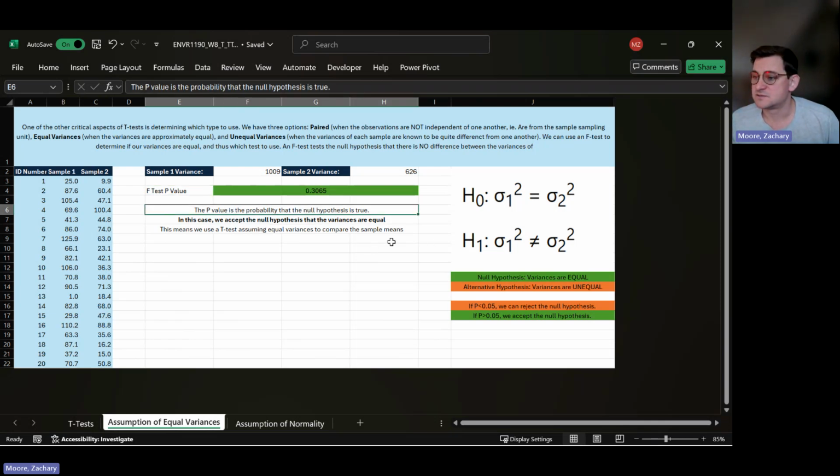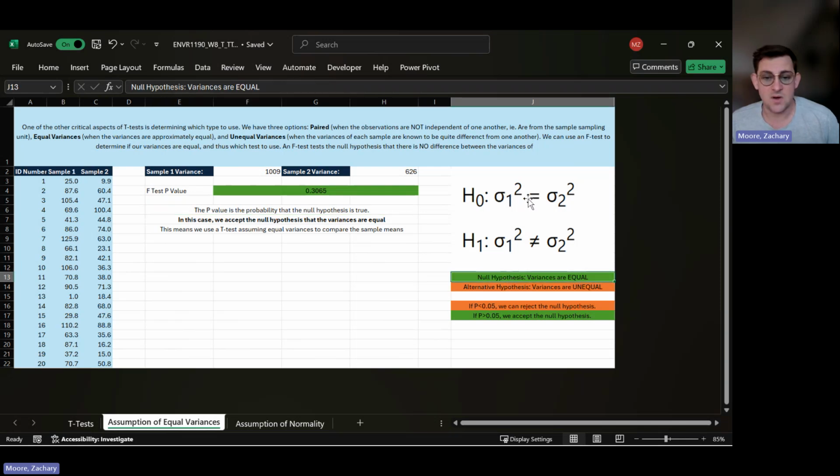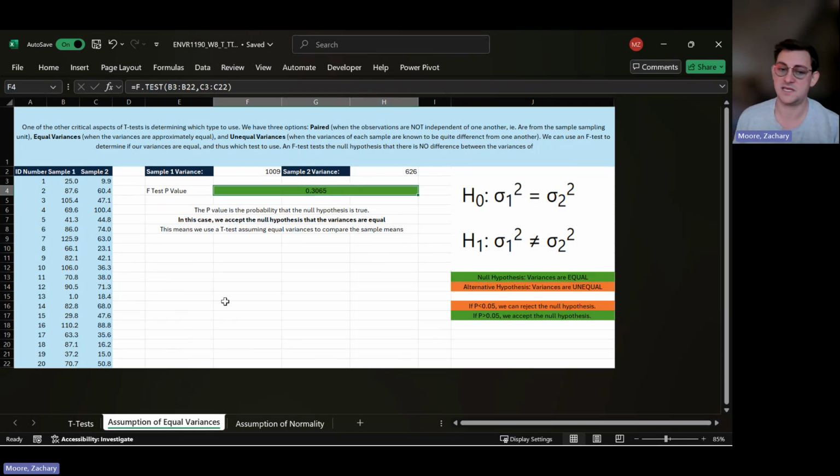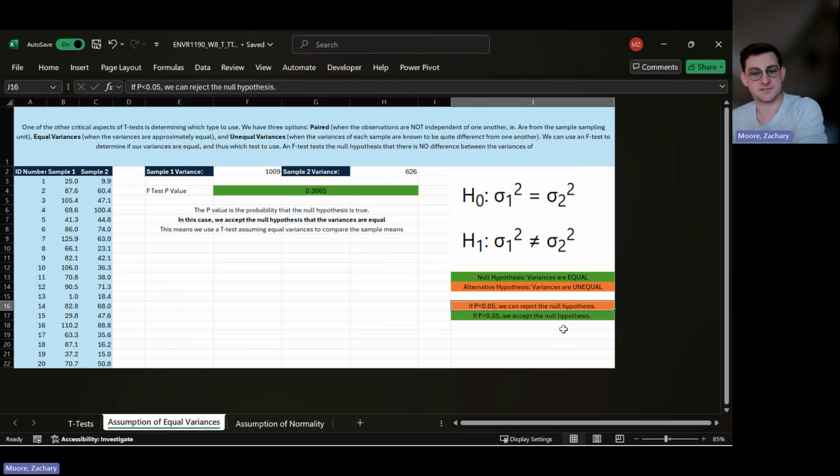With the f-test, we're testing the null hypothesis that the variances are equal. Our f-test gives us the probability that that null hypothesis is true. So, if our p-value from the f-test is less than 0.05, we can reject the null hypothesis and we say that there's a difference.